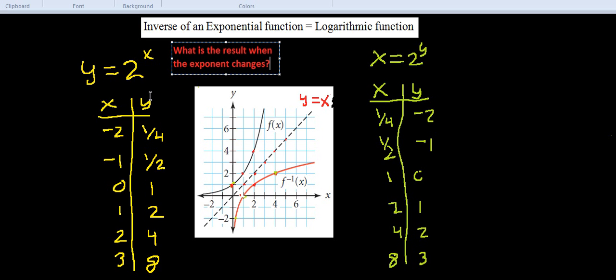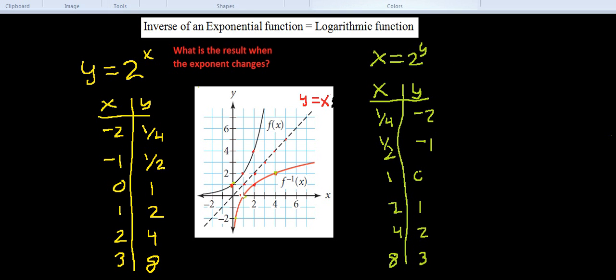So we're asking here, when exponent x changes, our independent variable, what will our result be?